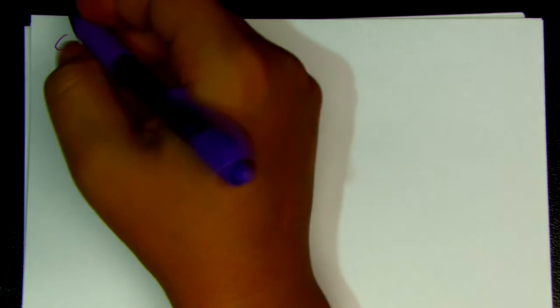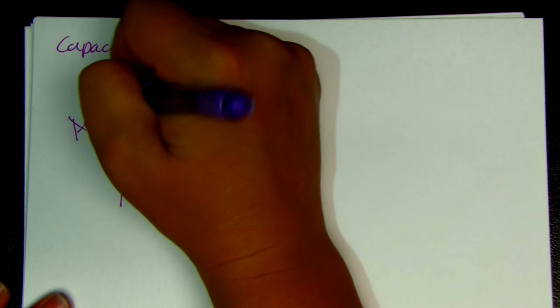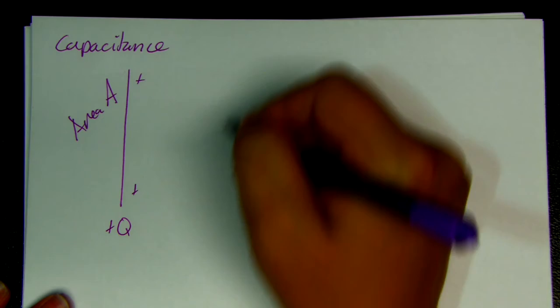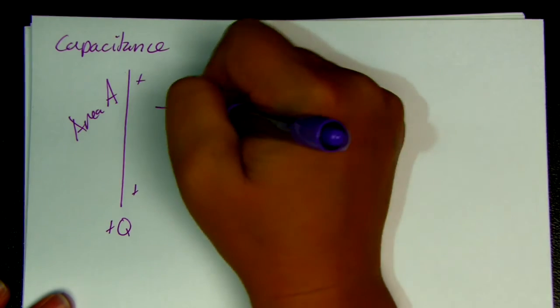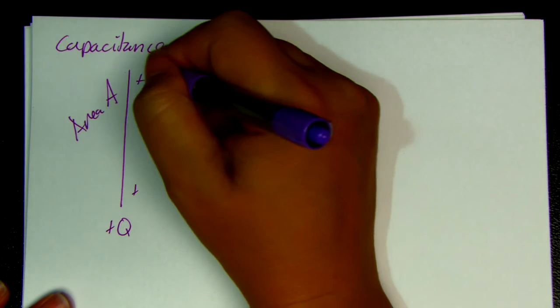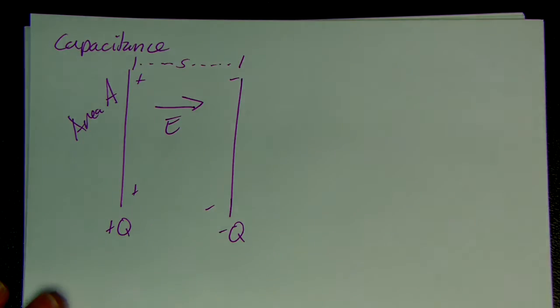So all of this leads me to something called capacitance. So if you have your plates with area A, you've got your electric field pointing towards the negative plate, some separation here.